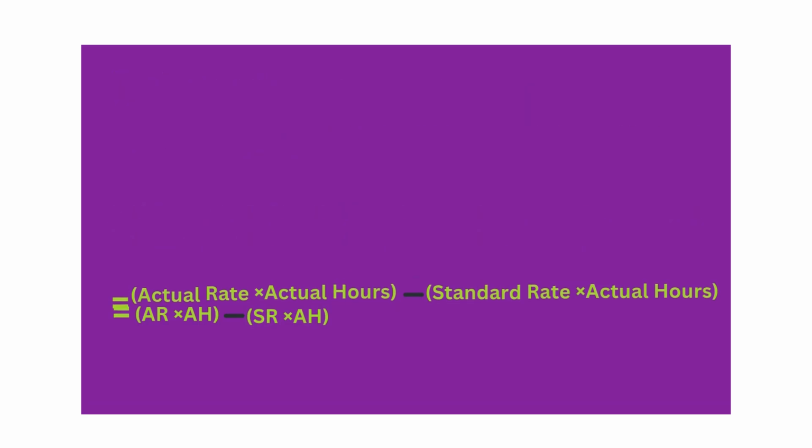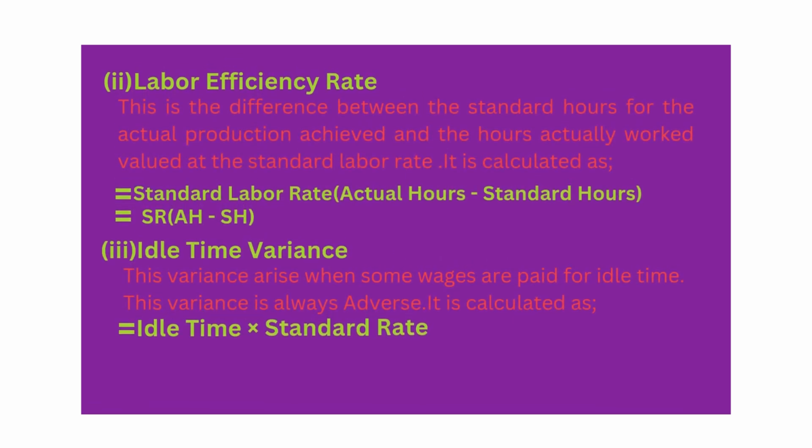Our example says calculate labor cost variance from the information below. Standard rate per hour, 10 shillings. There is the standard time per production unit, 2 hours. There is the time worked, 4,250 hours.